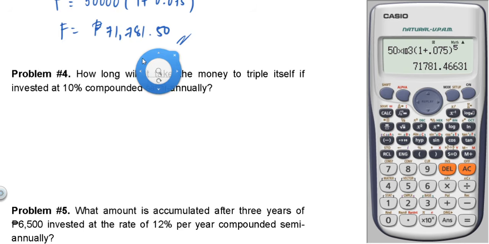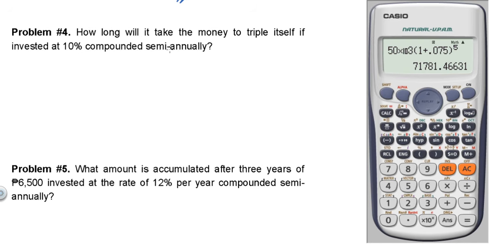Number 4. How long will it take the money to triple itself if invested at 10% compounded semi-annually? Okay, paano naman ito? Okay, ganun pa rin.